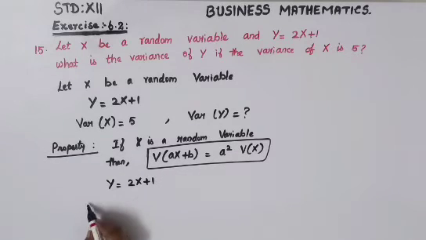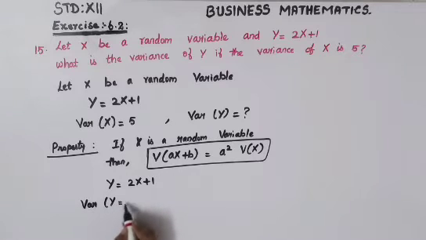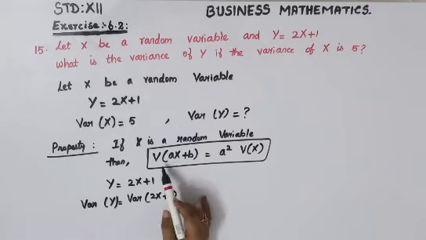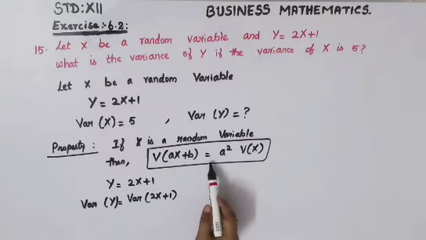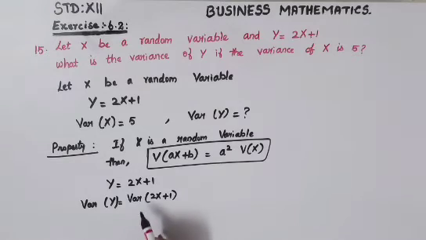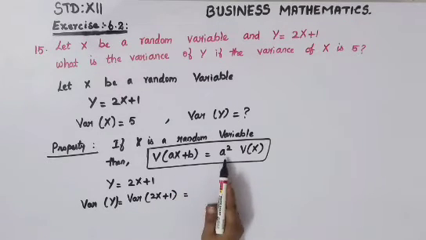So both the sides introduce your variance. So variance of y is equal to variance of 2x plus 1. Now go to this property. Variance of ax plus b is equal to a square into variance of x. Now in the place of a we have got 2, so you can write it as a square this side.